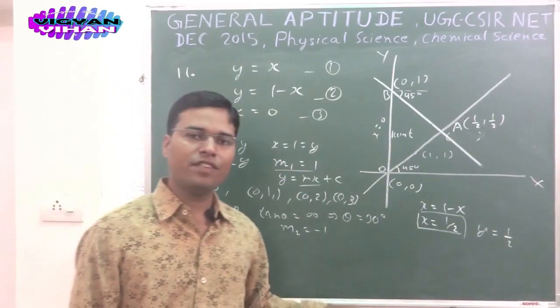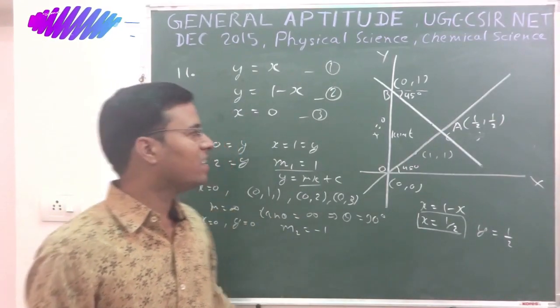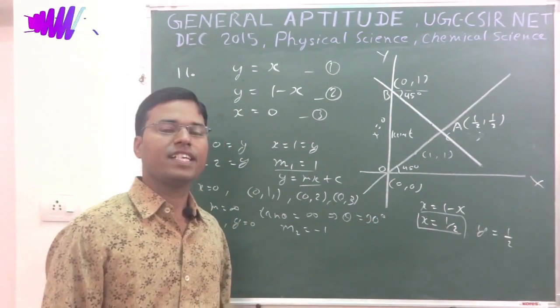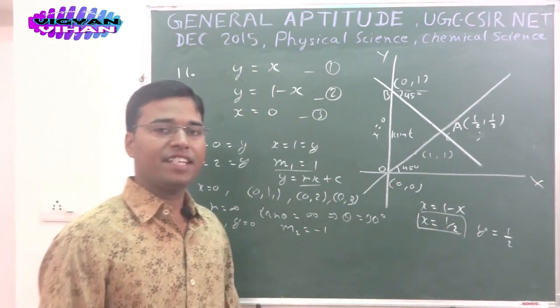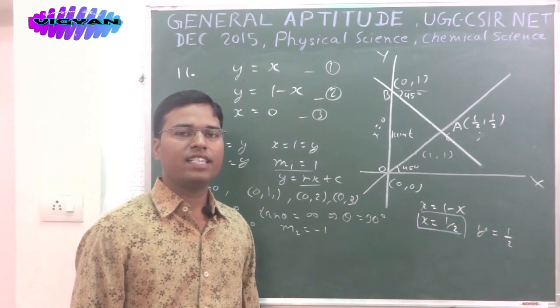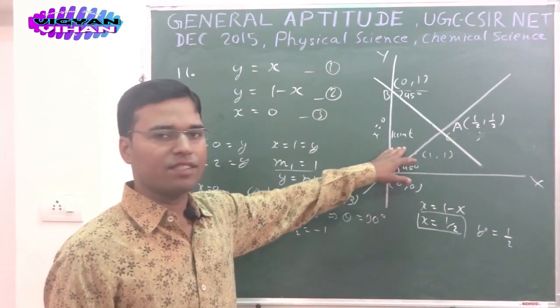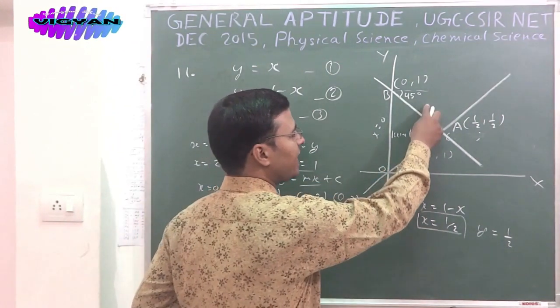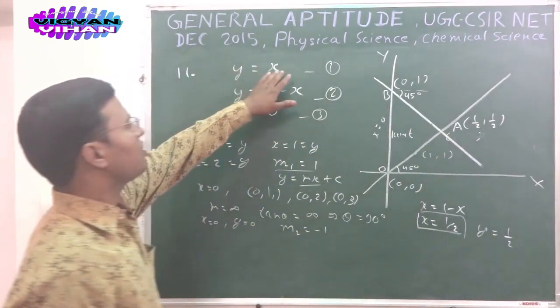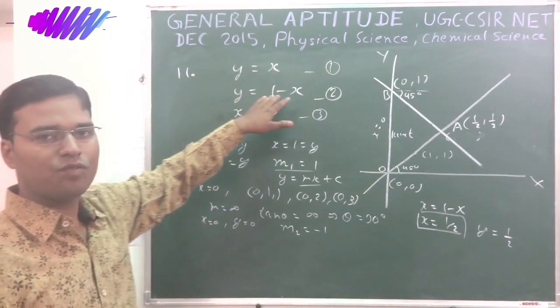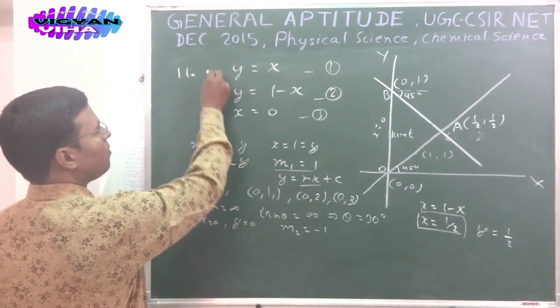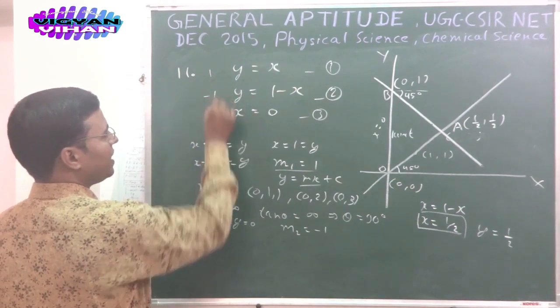Now according to the given options, we will have to determine whether this triangle is a right angle triangle and whether it is isosceles. So first, the slopes of these two lines, y is equal to x and y is equal to 1 minus x: the slope is plus 1, and the slope is minus 1.